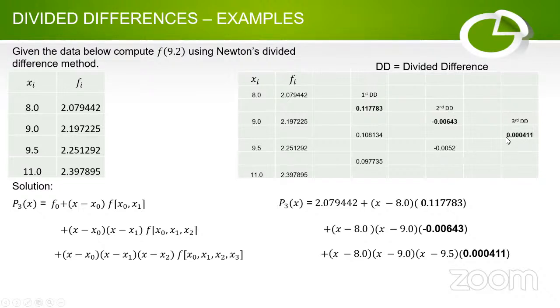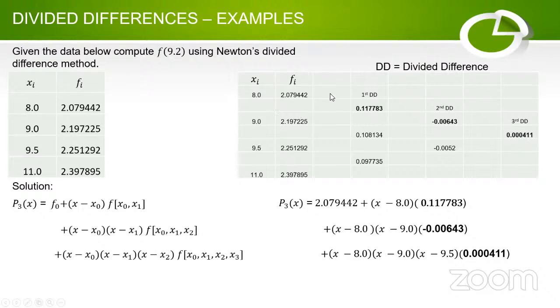To get this level, we take this particular figure minus 0.0052 minus this. So we are going to subtract this from this. Of course, the sign will change, so it will only add. Then divide by the distance between them, which in this case is 11 and 8. So when we divide it, we end up having this figure.